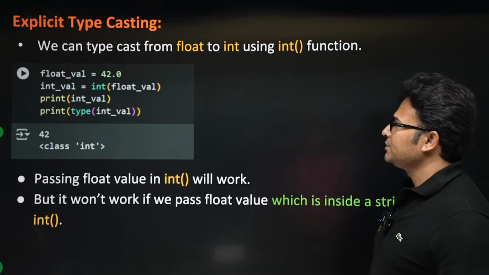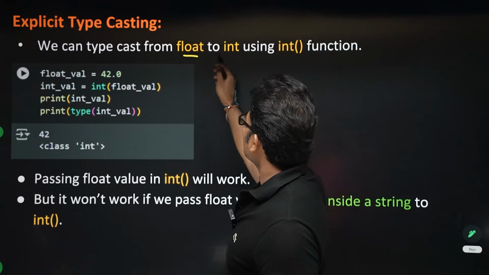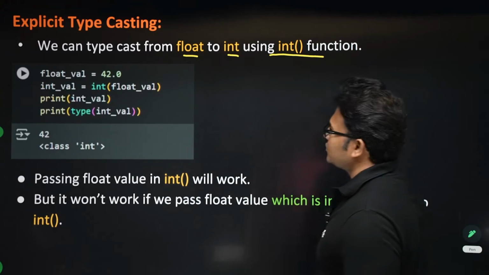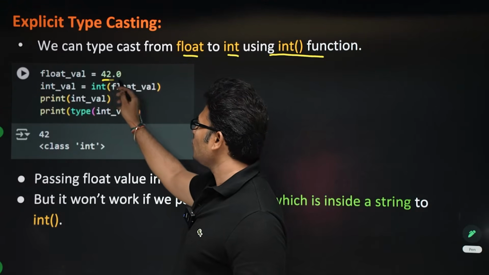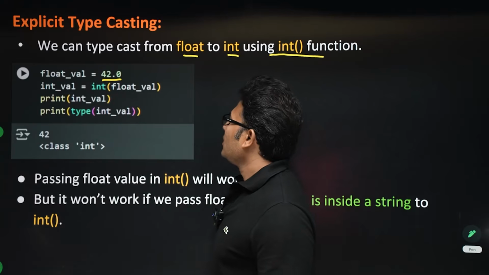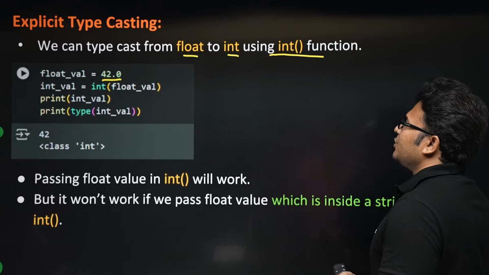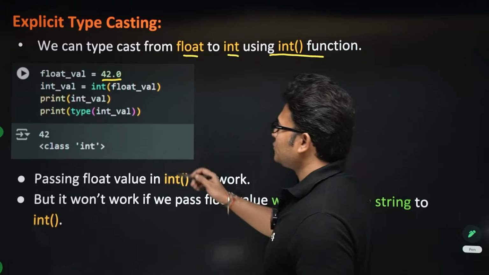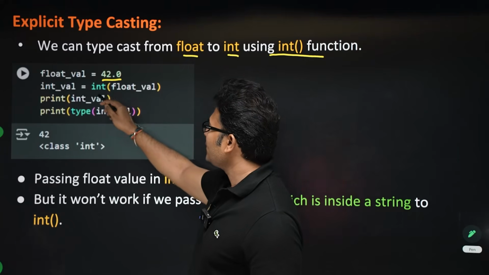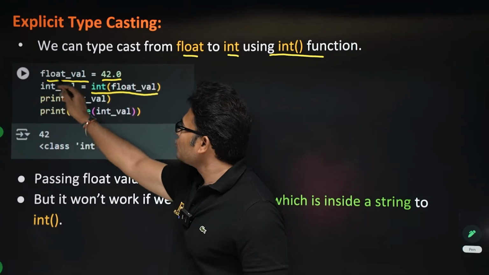Now, explicit typecasting: we can typecast from float to int using int, which means if you have a floating point value, for example 42.0, we can typecast it into an integer by writing int of float value. The float value is 42.0.